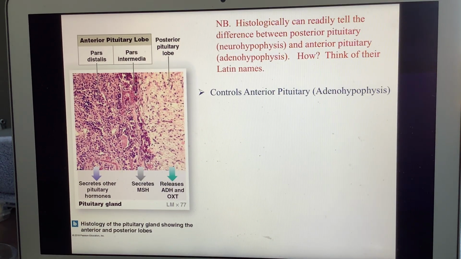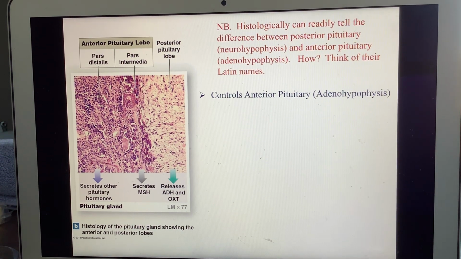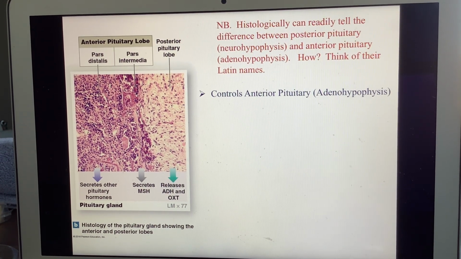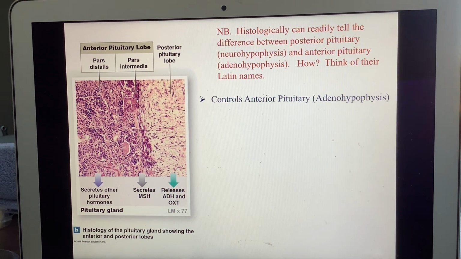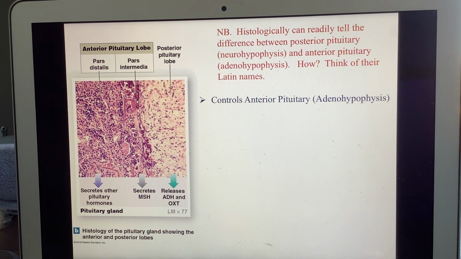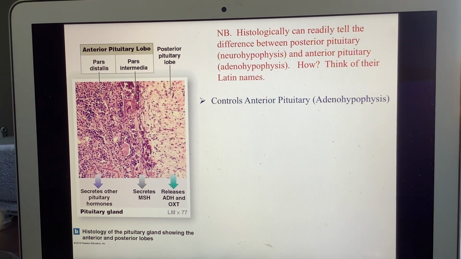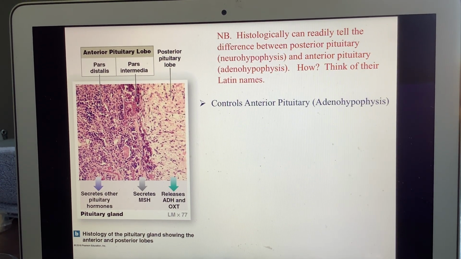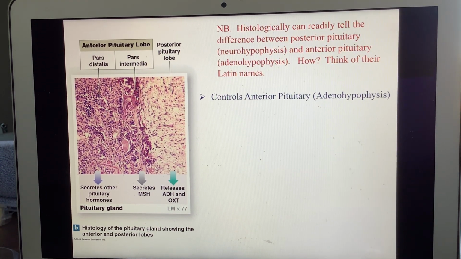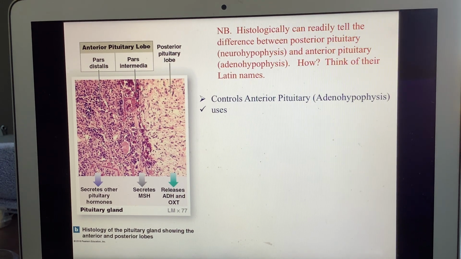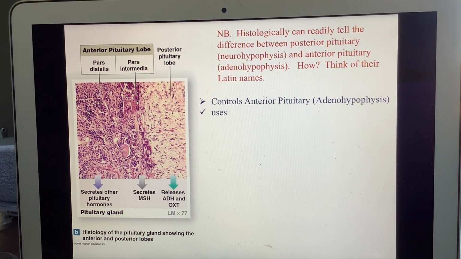So now we talk about the anterior pituitary or the adenohypophysis. Again, remember, adeno means glands. It's easy to remember. They're the ones that are going to secrete into interstitial fluid. Neurohypophysis has the neurons that are coming directly from the hypothalamus. Well, the hypothalamus is going to control the anterior pituitary because it's going to use releasing and inhibiting factors.